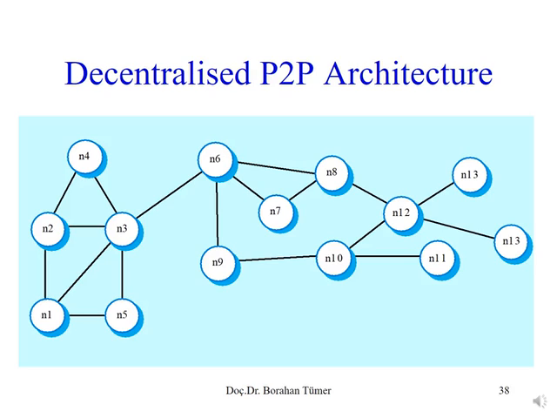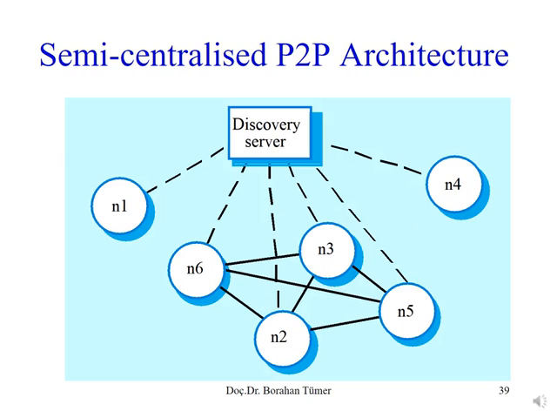Well, to solve this to some extent, semi-centralized architectures are proposed. Here you see a typical semi-centralized peer-to-peer architecture. In a semi-centralized architecture, the role of a server is to help establish contact between peers in the network or to coordinate the result of a computation.